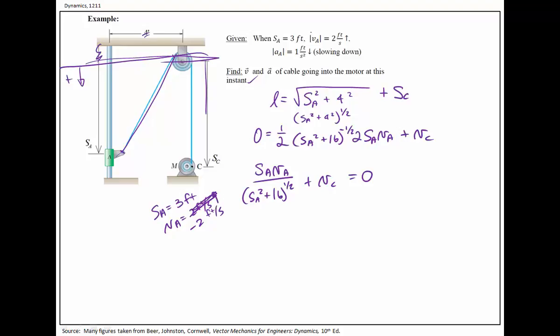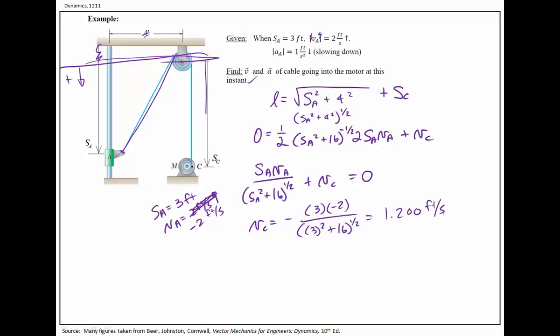I don't know why we have these symbols around here. It doesn't matter. It's supposed to be representative. We don't do any other problems where we change the cable length. But I'll stick in the numbers here, -2, and 3 squared plus 16 to the 1/2, and we get 1.200 feet per second.